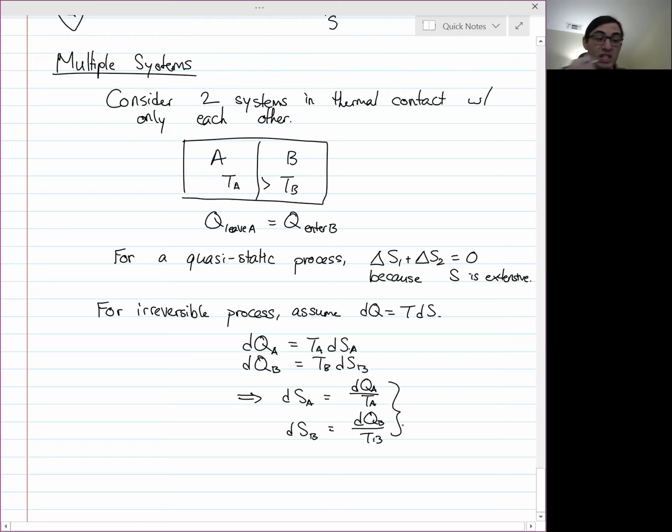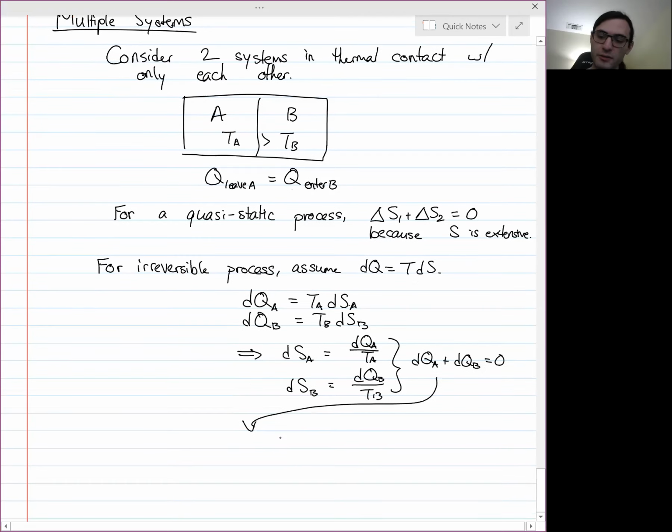And because dq_A plus dq_B is 0, i.e. the heat leaving is equal to the heat entering, this implies that the absolute value of dS_A is less than the absolute value of dS_B.